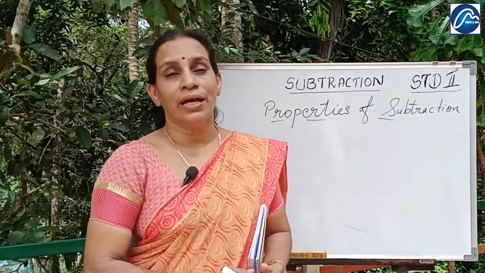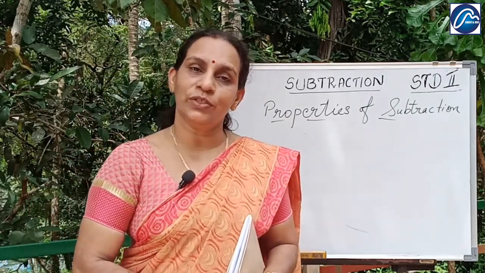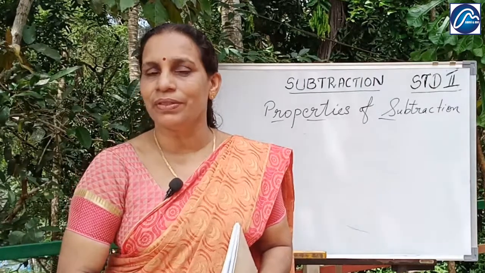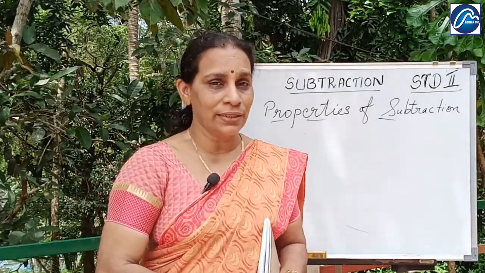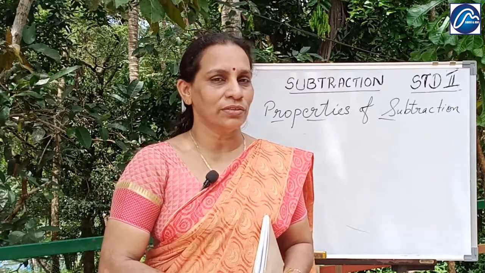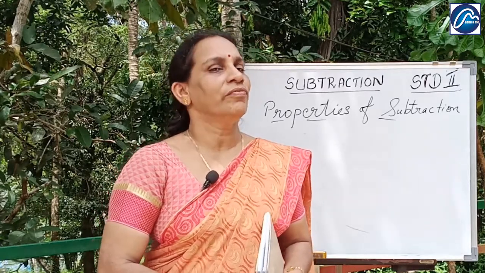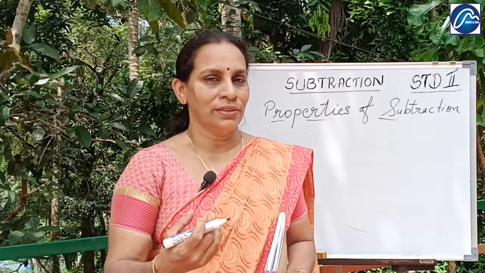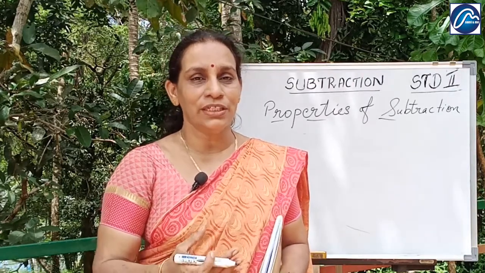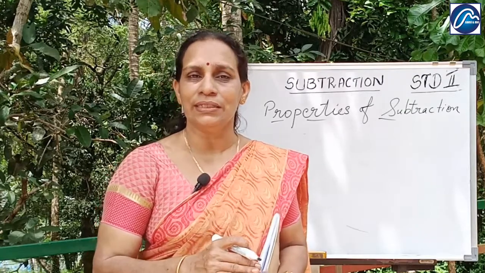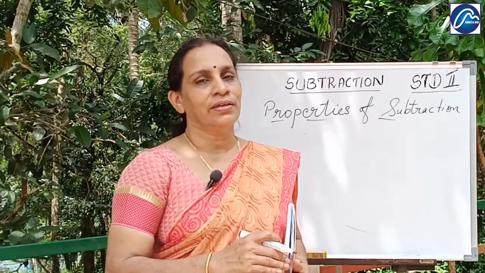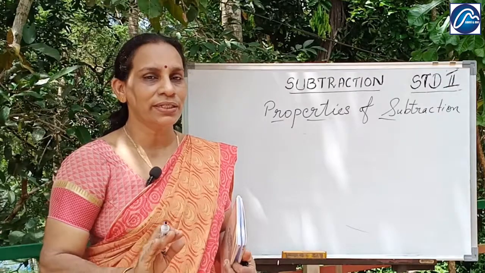First, we are going to study about 0. When you add 0 to a number, you get the same number. That means you are not adding anything to that number. Like that, subtraction also has the same property. When you subtract 0 from a number, you get the same number as the answer, because you are not subtracting anything.